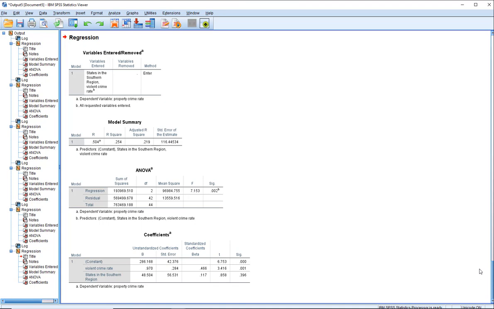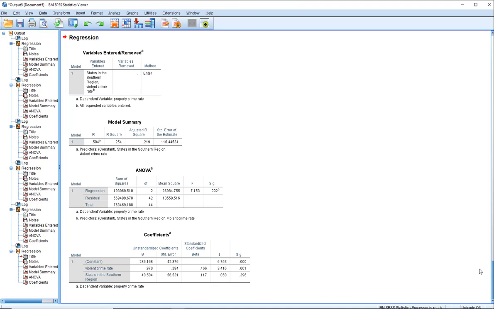The ANOVA tells us it's a marked improvement over simply relying on the mean as the best estimate of the dependent variable. You can see in this case that we have a much higher rate associated with the violent crime rate. A 1 unit increase in the violent crime rate corresponds to about a 0.970 increase in the property crime rate. And then finally, states in the southern region, well, it's non-significant.